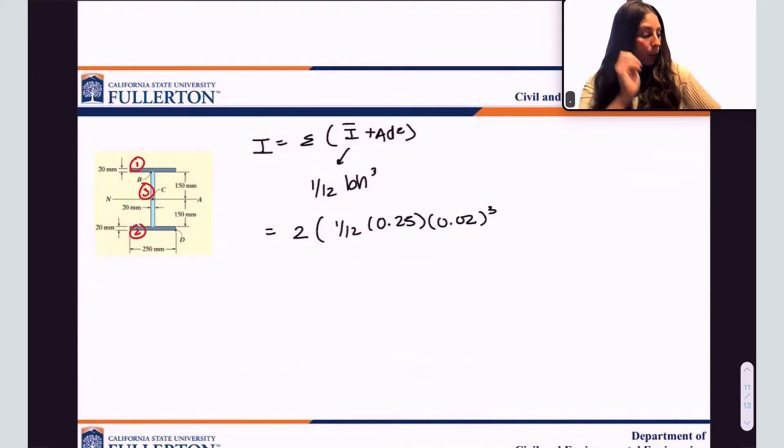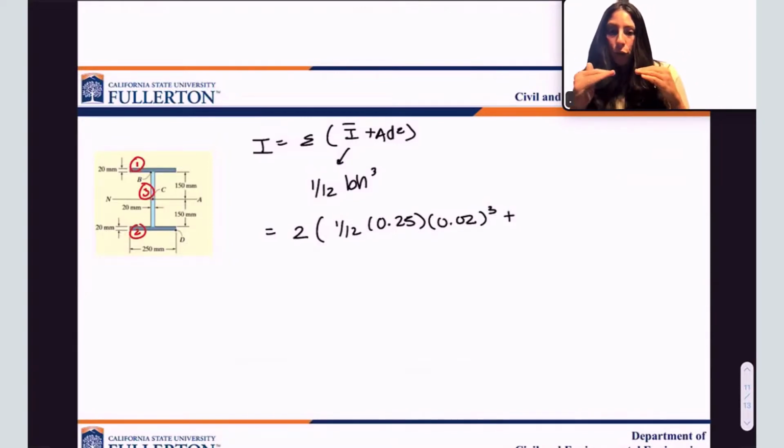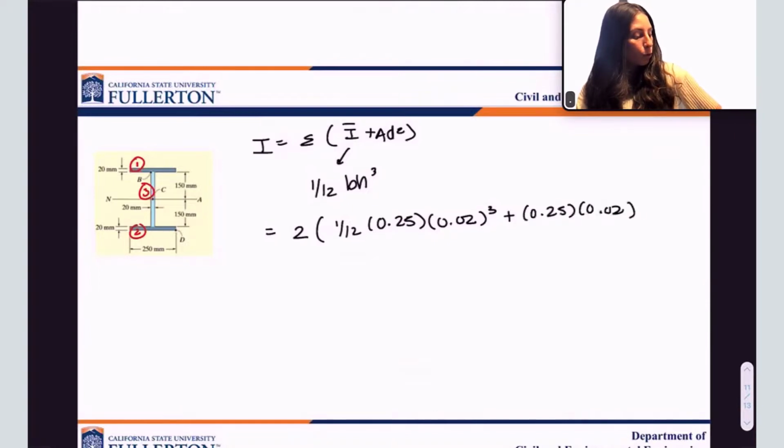Okay, but now I need to add my AD squared because the central axis of those two members does not lie on the neutral axis. So I need to bring their moment of inertia to the center, and the way I do that is by adding AD squared. So what is the area of the two shapes? Well, it's 0.25 times 0.02. What is the D? D is the distance from the center of those flanges to the neutral axis.